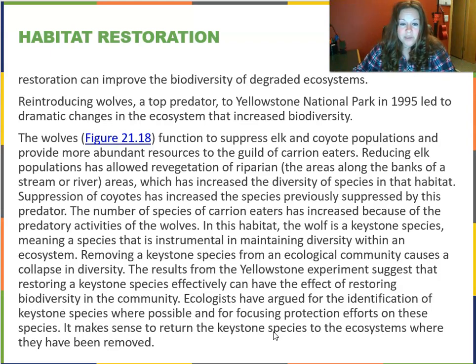Reducing elk populations has allowed revegetation of riparian areas, the areas along the banks of a stream or river, which has increased the diversity of species in the habitat. Suppression of coyotes has increased the species previously suppressed by this predator, and the number of species of carrion eaters has increased because of the predatory activities of the wolves.